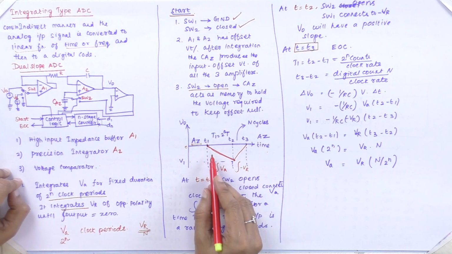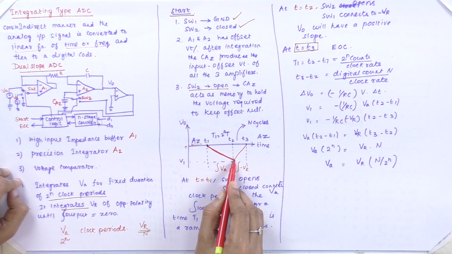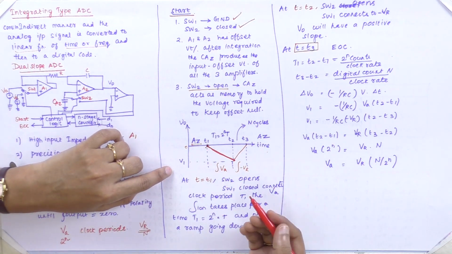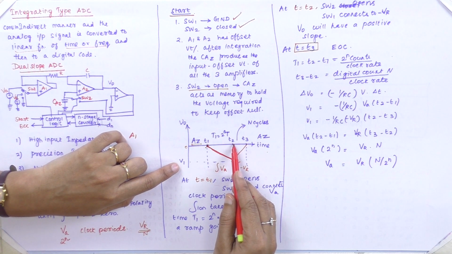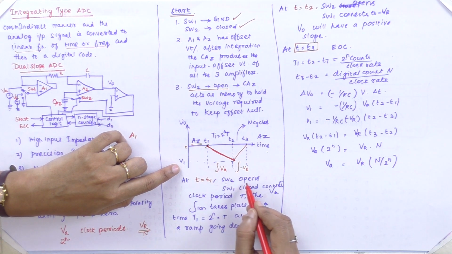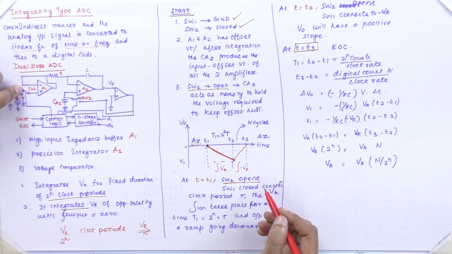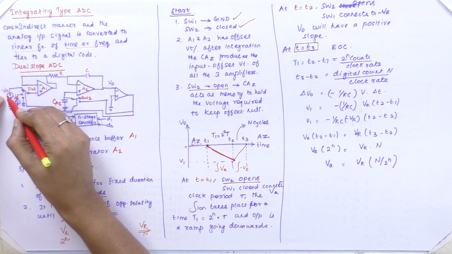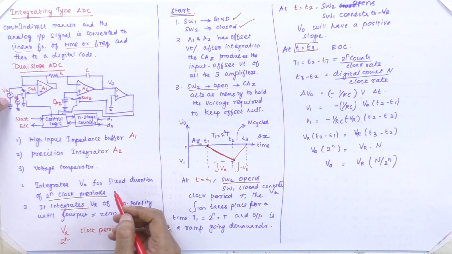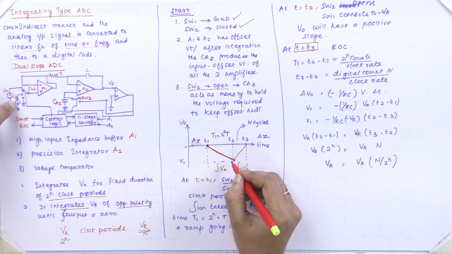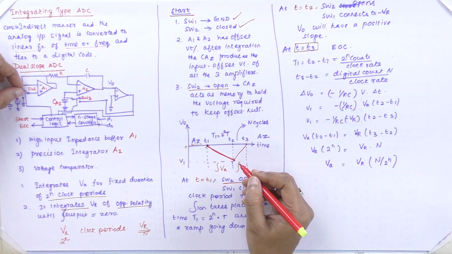Now it reaches a particular time, t equal to T2. At T2, SW1 opens and the circuit is connected to the reference voltage. The reference voltage VR has the opposite polarity to VA.